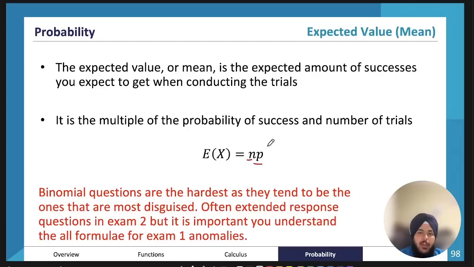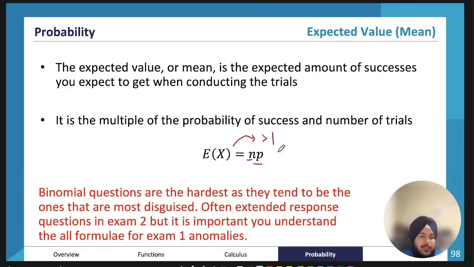So if the probability of success for one trial is 0.2, then for 2 trials it's going to be 2 times 0.2, which is 0.4, and so on and so forth. Binomial questions are the hardest, and just in case, the expected value can be greater than 1. A lot of people get confused, so note that the expected value can be greater than 1.